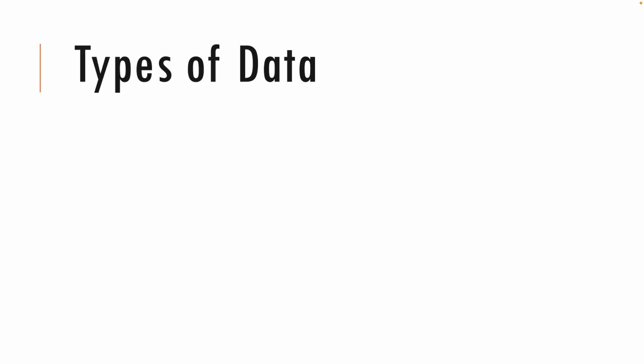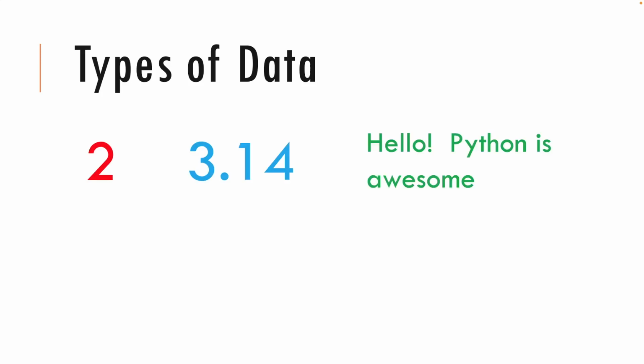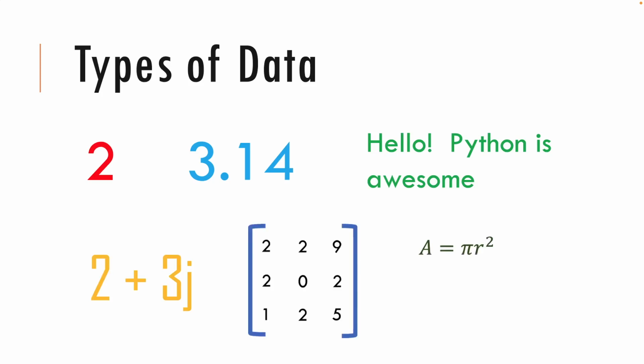Data is available in different forms: this is a number, this is a decimal value, this is some text, this is a complex number, this is an equation, and this is a matrix. So we have different types of data available, and we need different data types to store those different types of data.